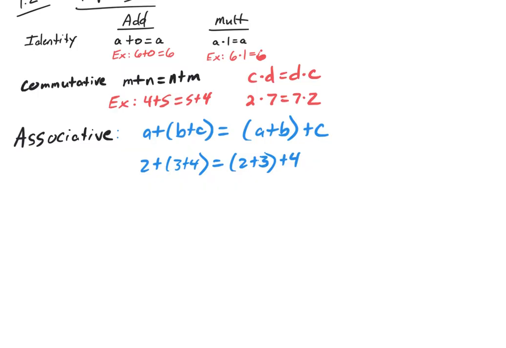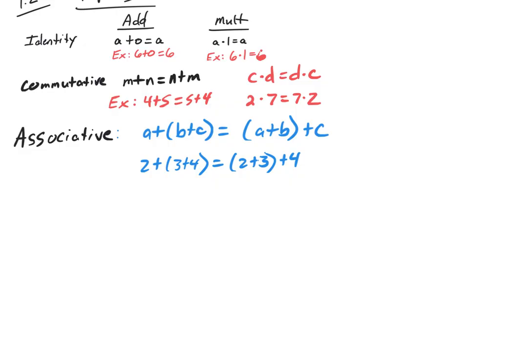If we evaluate this, on the left-hand side, I would do the parentheses first, right? 3 plus 4 is 7. 7 plus 2 would be 9. Over here, 2 plus 3 is 5. 5 plus 4 is 9. So we got there a little bit different way, but we still got 9, right? We still got the same result. So because both sides equal 9, we know they are indeed equal to one another. So that is what we call the associative property.